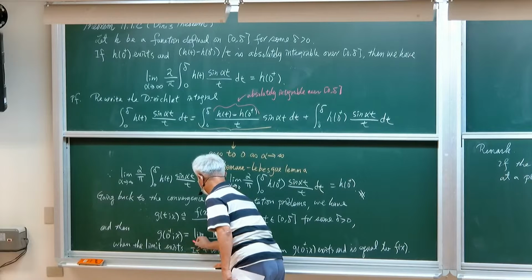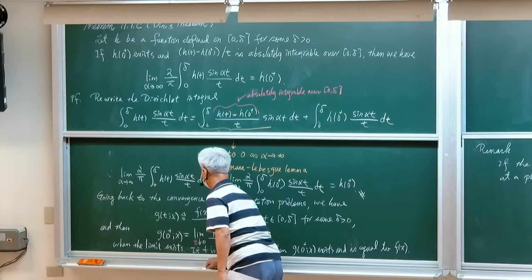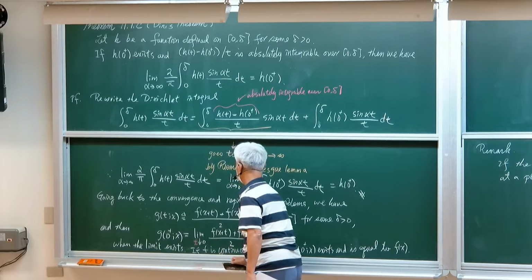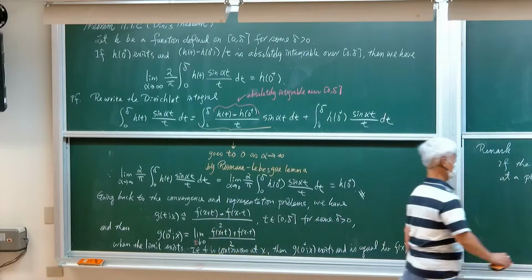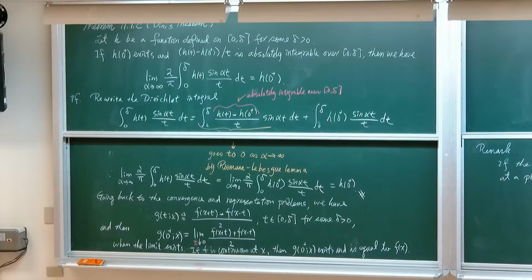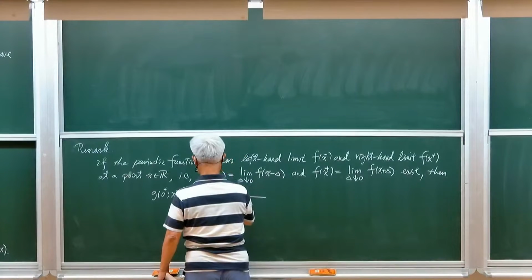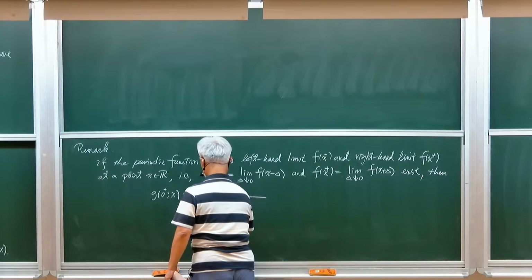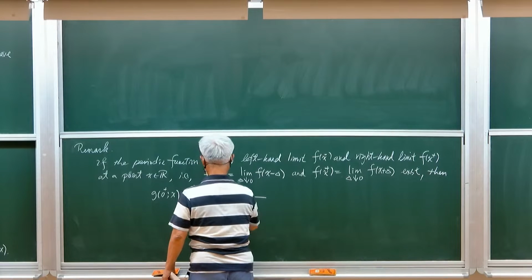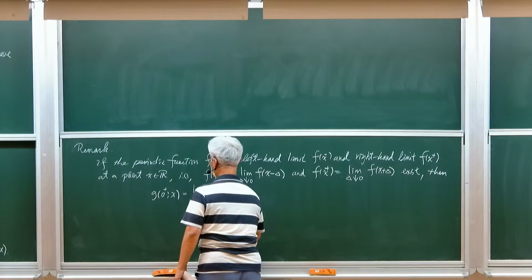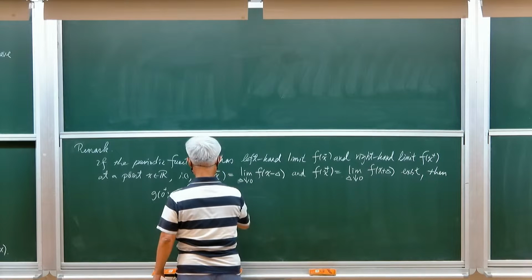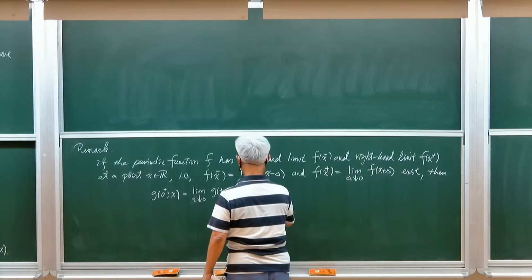I have made a correction: t. Sorry about that. So this is g of t, x, and so this is the limit.